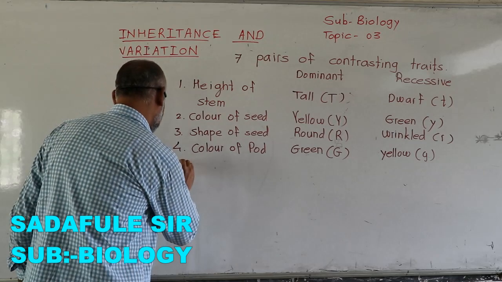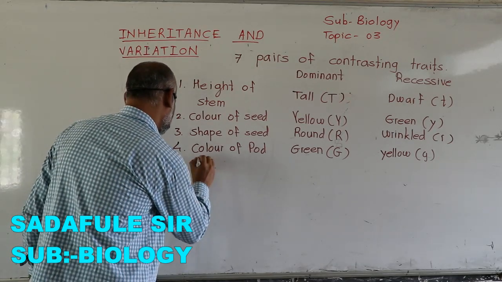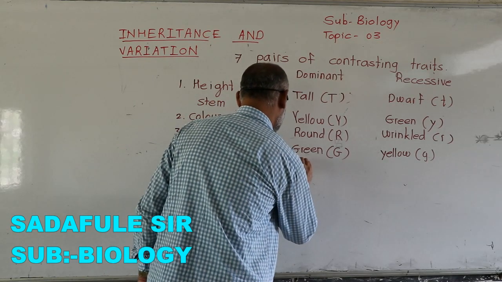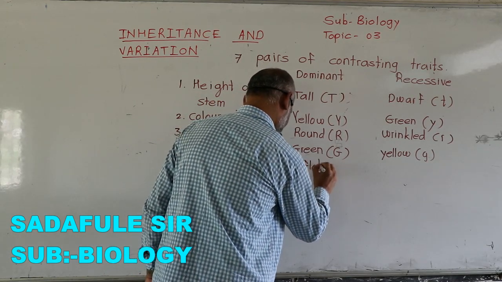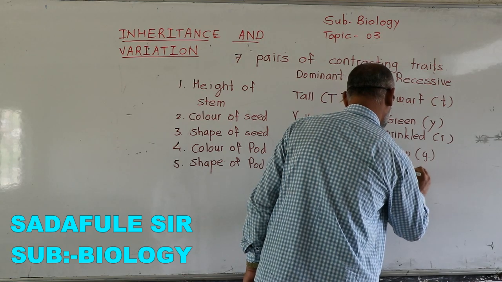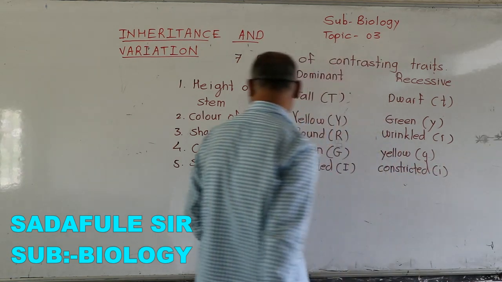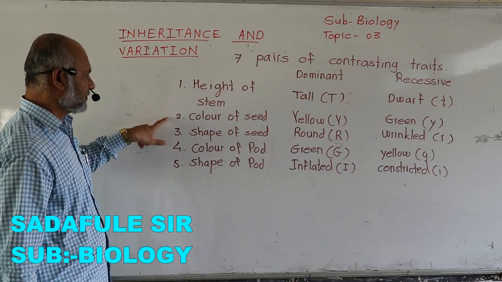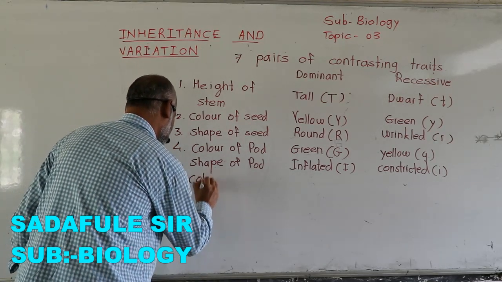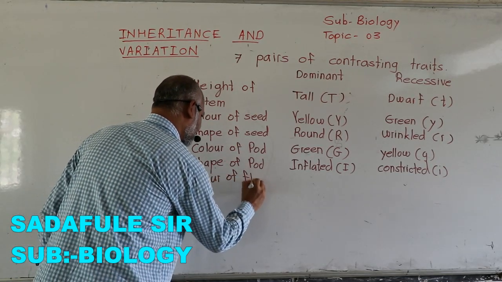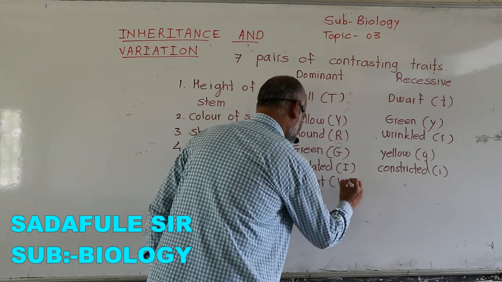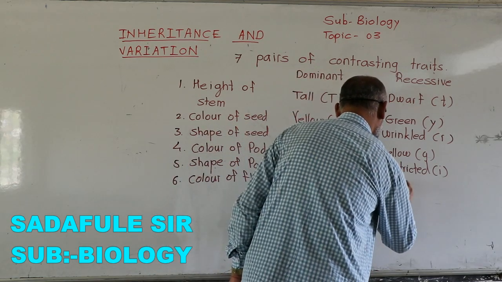Then the next one is shape of pod, two forms: inflated, capital I, and constricted, small i. Then the next one is color of flower: violet and white.